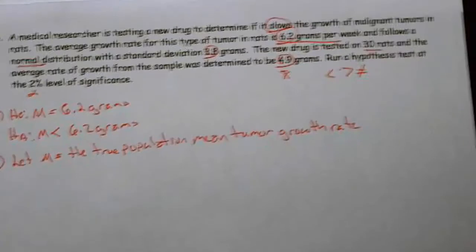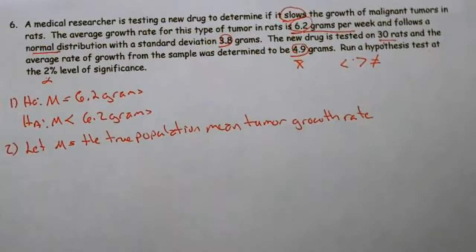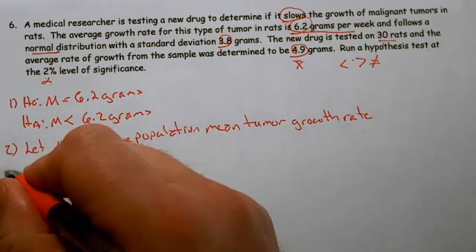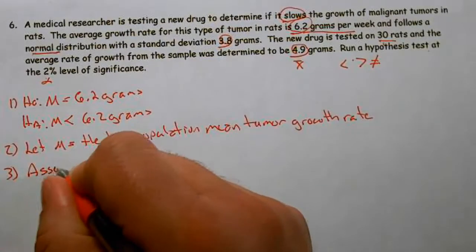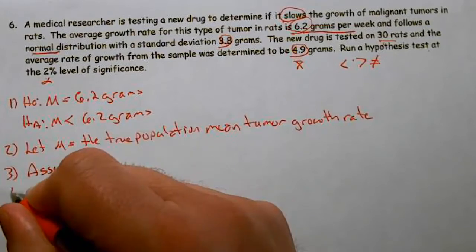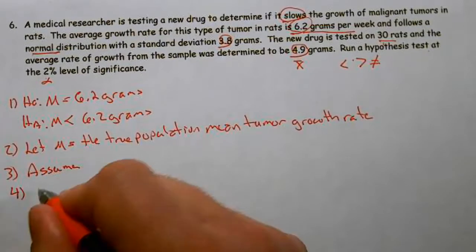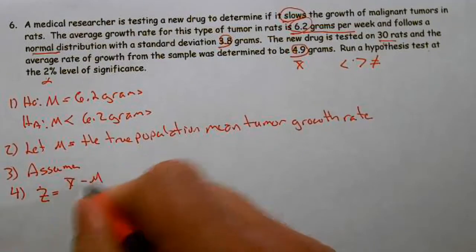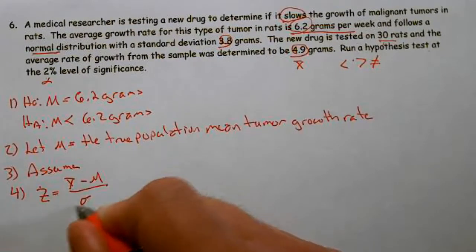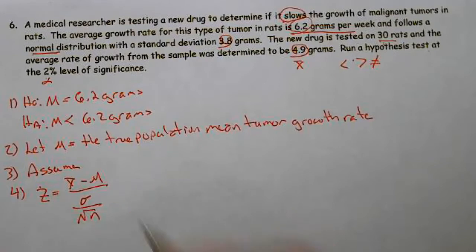All right. Our conditions, we took a random sample. They told us it was normal, but regardless, we're still just going to write assume. Number 4, we're going to write our equation. Z equals X bar minus mu over sigma divided by square root of n.